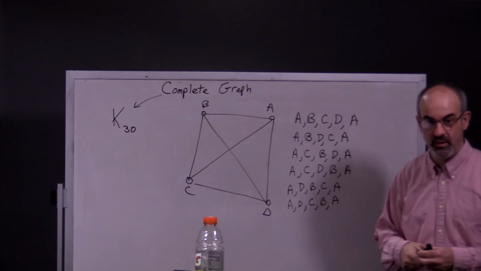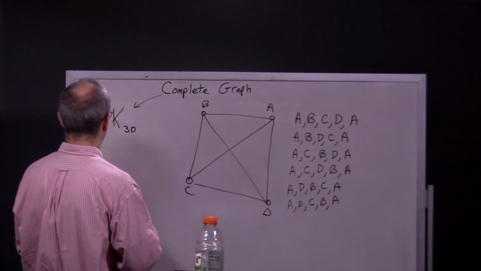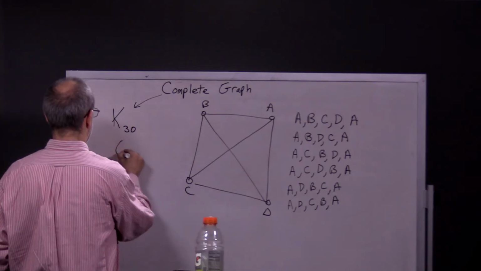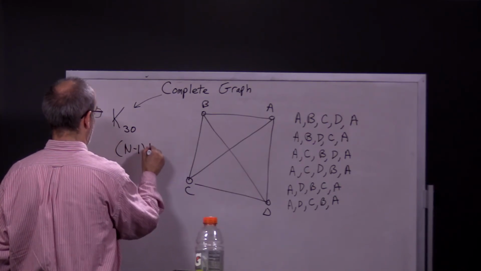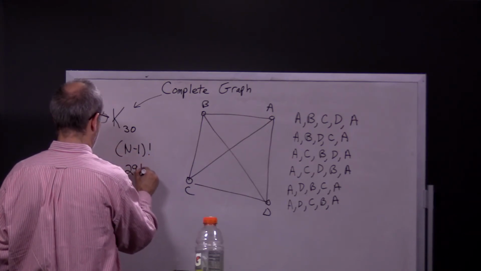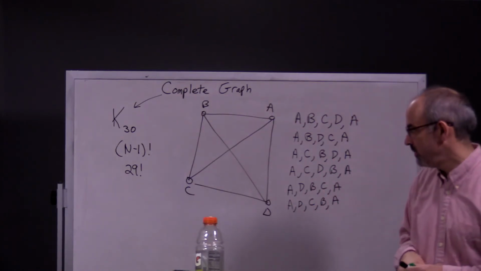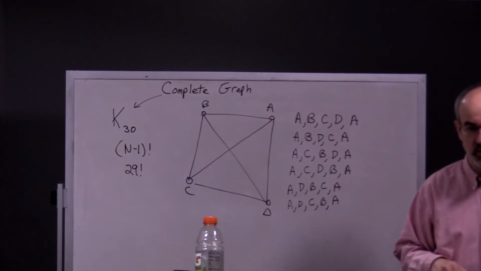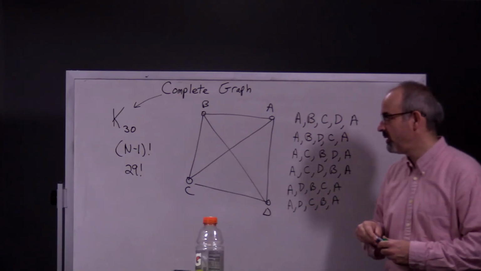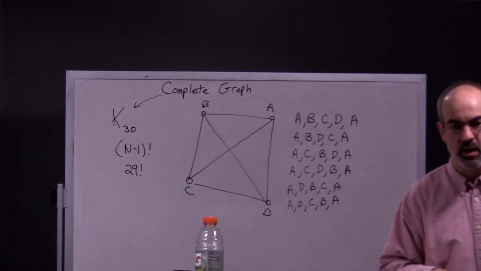Well, you'd have 29 factorial, because remember it's n minus 1 factorial. So that would be 30 minus 1, which is 29 factorial. 29 factorial is a big number. I don't have my calculator out. I do have it with me, but I don't want to put that in my calculator anyway.